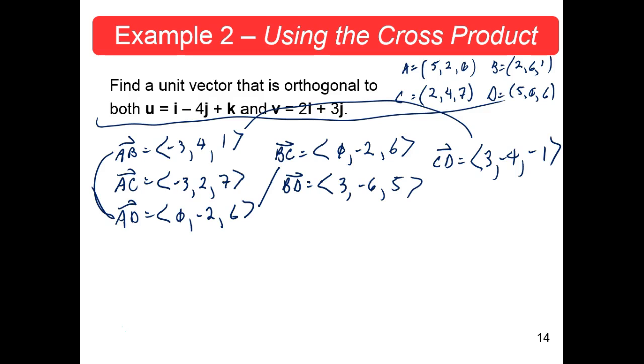So why don't we do AB cross AD? And we're going to do the magnitude of it, so it doesn't matter which direction we go. So let's first do AB cross AD.